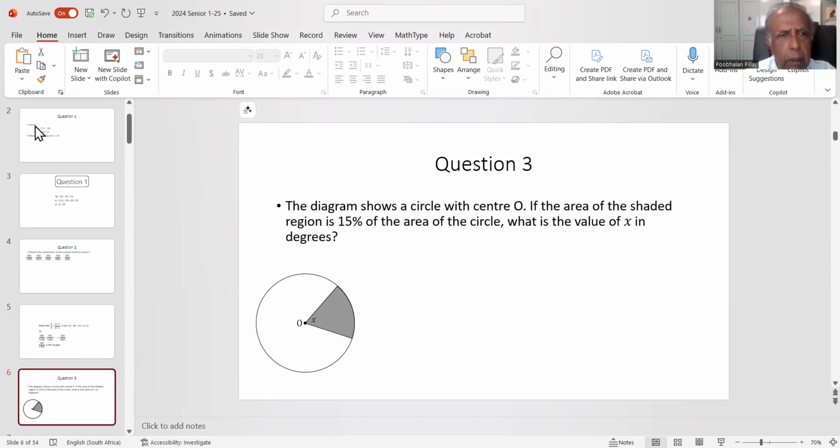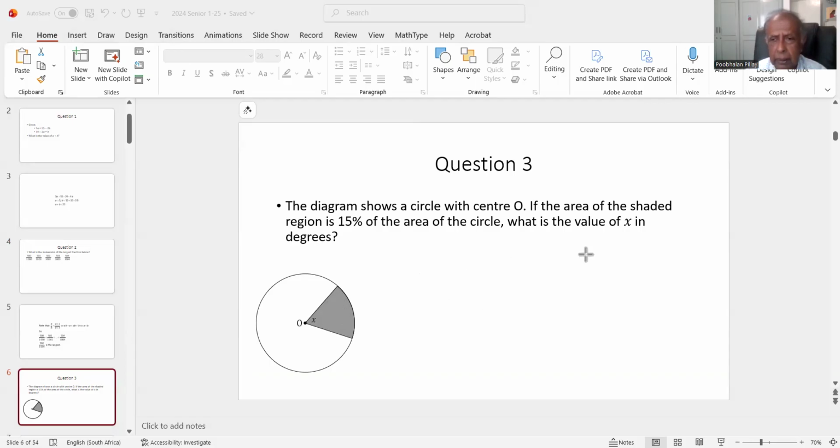So, look, this is a problem on ratios. You know the shaded area is 15% of the whole area, and you want to know what is the angle at the center. We call this the angle at the center.